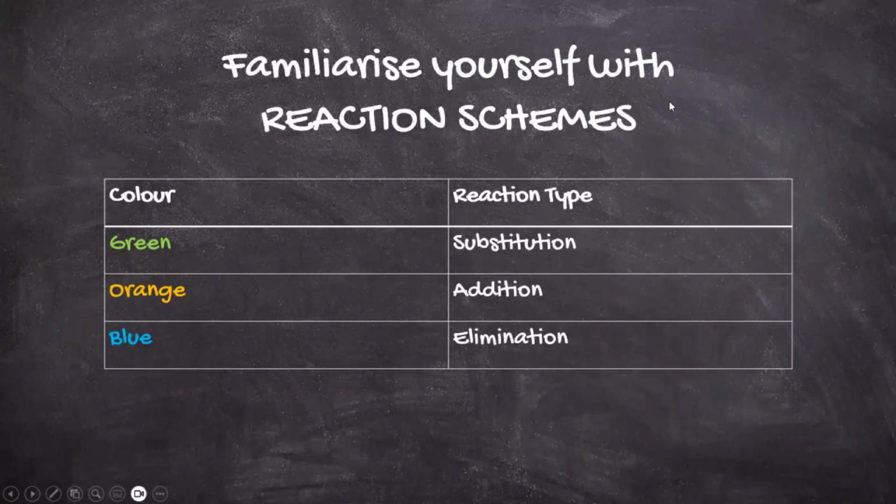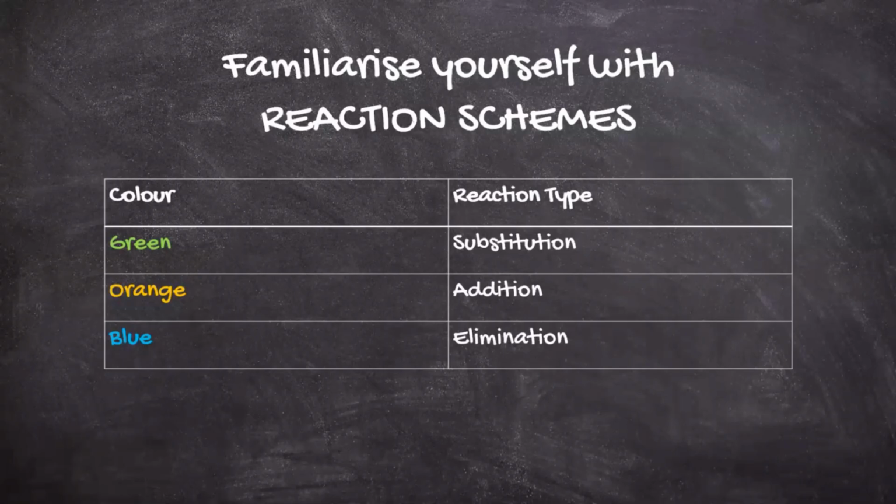If you don't know what a reaction scheme is, don't worry, I'm going to show you. I've color-coded mine to make it easier to see what's going on. A reaction scheme is like a little map that shows you if I start here and I do this, I will get here. And if I start here and I do this, I will get there.